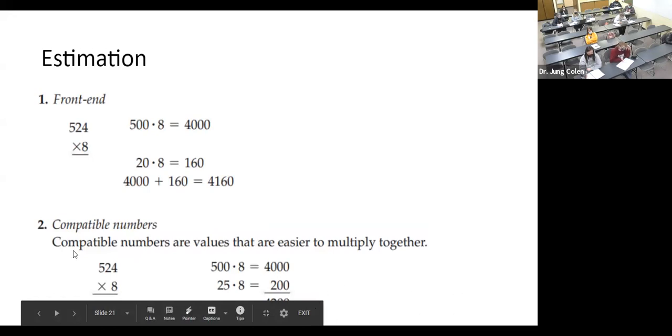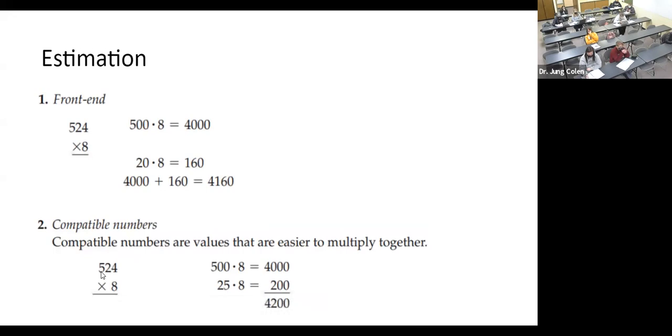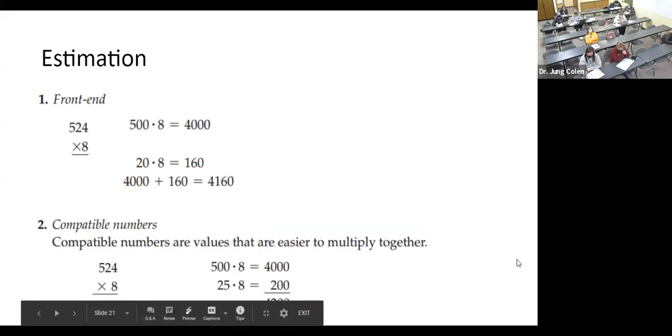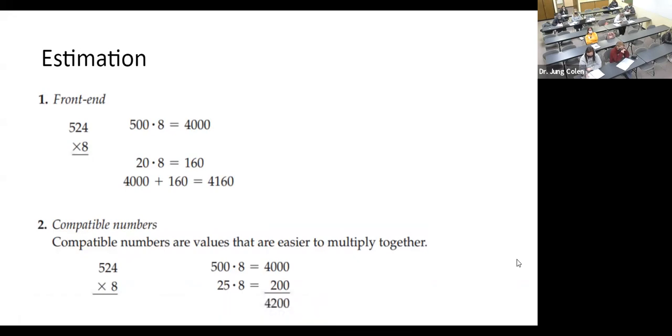Okay, so instead of multiplying 524 by 8, you can think about 525, because 525 is very close to 524. But 25 is easier for us because we have a quarter.